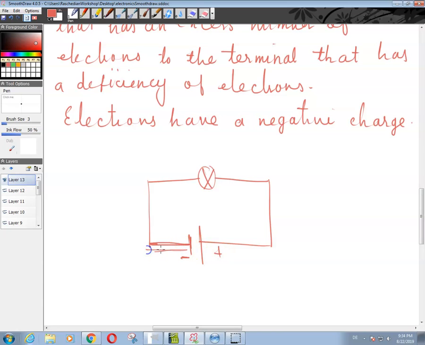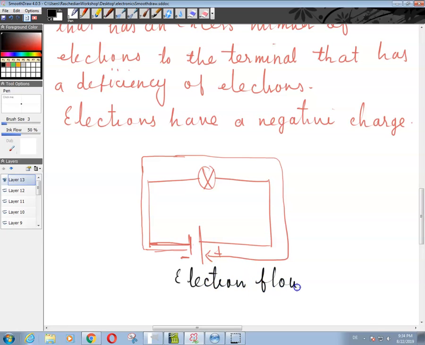The electrons start flowing from this pole, and if the circuit is complete, they go all the way around the circuit and come back to the positive terminal of the battery. This direction of flow is called the electron flow.